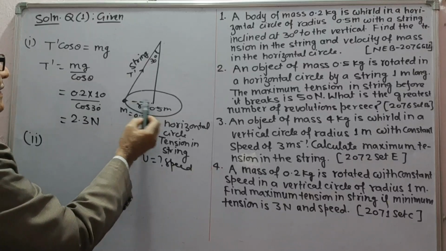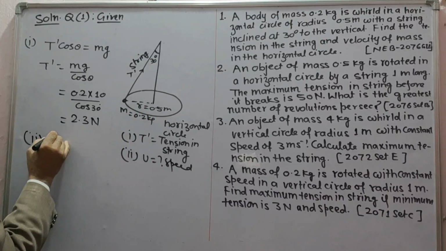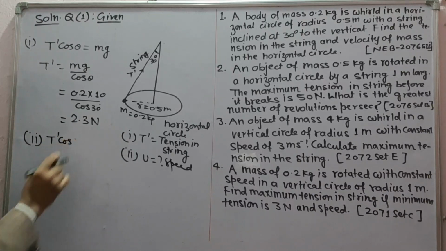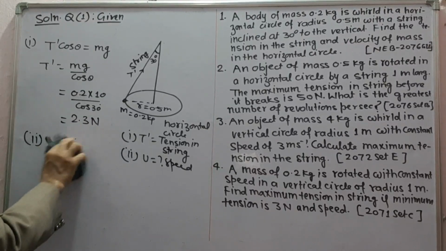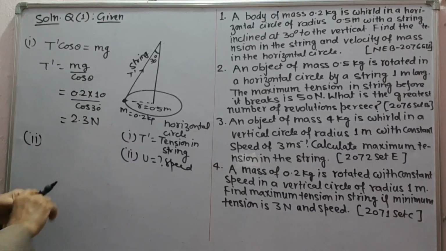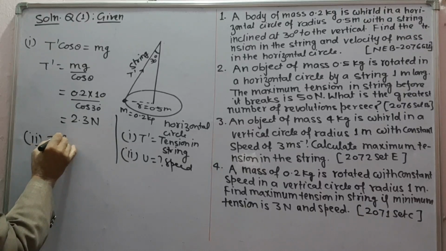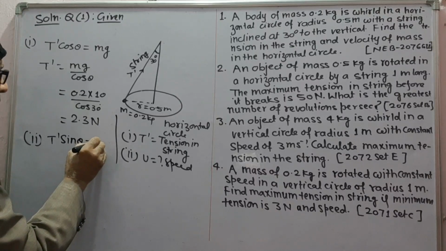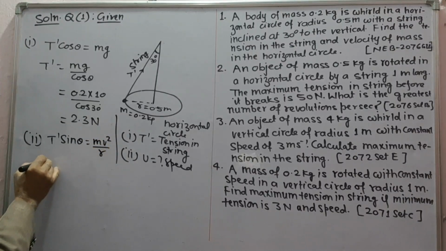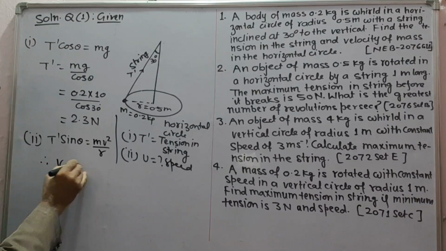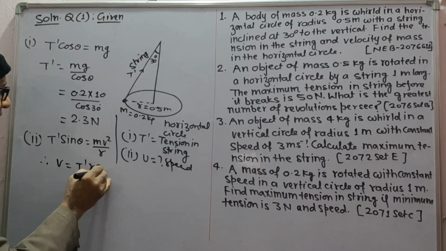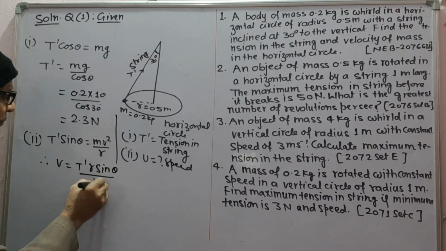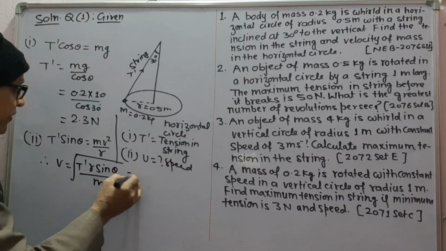Second part. Now horizontal component is T dash sin theta. T dash sin theta is equal to mv square upon r. Therefore, v will be equal to under root T dash r sin theta upon m. Values are known.